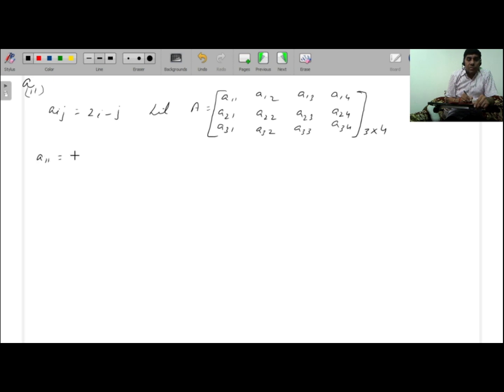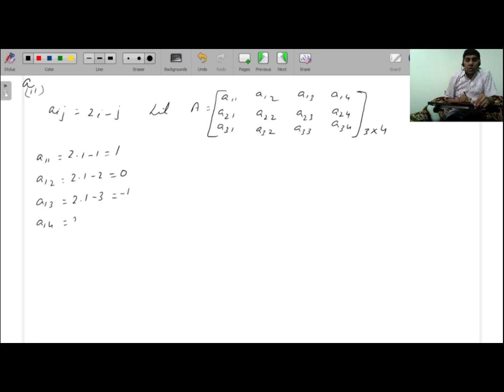A11 is equal to, i is 1, j is also 1. So 2 into 1 minus 1 is equal to 1. A12, 2 into 1 minus 2 is equal to 0. A13, 2 into 1 minus 3 is equal to minus 1.